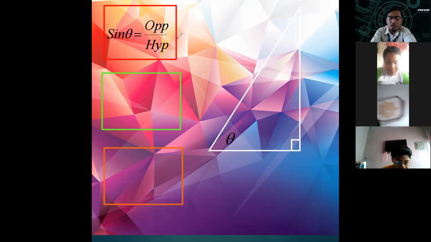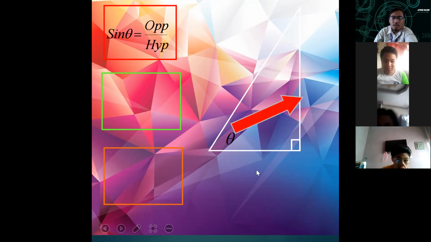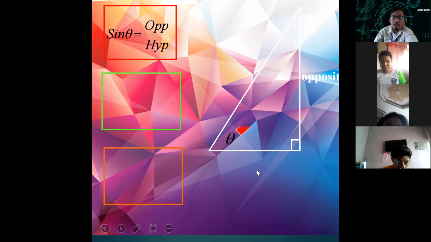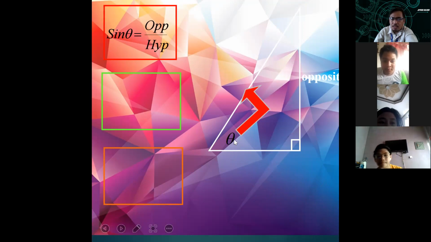The opposite is this side, if this is your angle, and the hypotenuse is the longest side. You get the measurement of this side and divide it by the measurement of the longest side. Then that will be the sine of that theta, whatever the theta is.